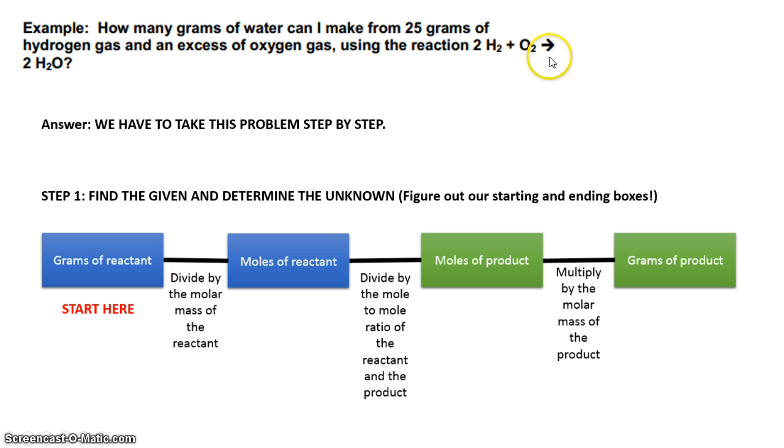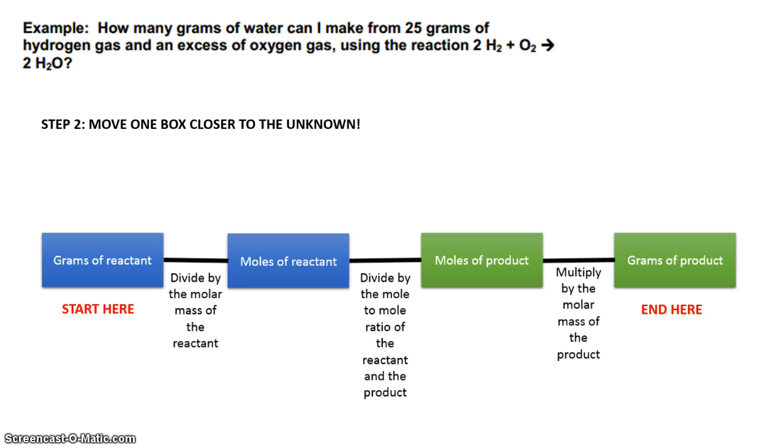So water in this equation is a product, so it's going to be one of these green boxes, and it says how many grams, so it's going to be this last box right here. So I want to start with grams of reactant, and I have to do conversions until I get to grams of product. Alright, so that's just step one.